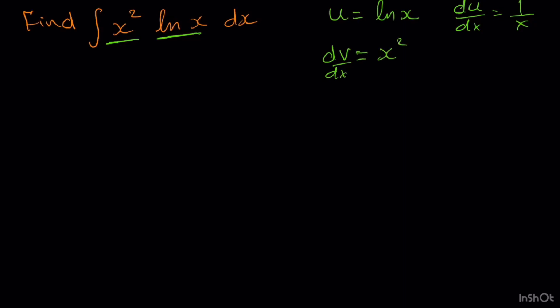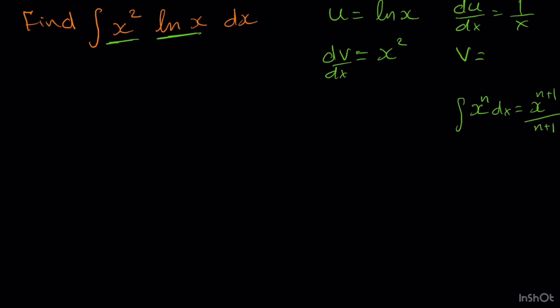Therefore v is the integration of x squared, which is, remember, when we integrate, the general rule is if you are integrating x to the power n dx, it's going to be x to the power n plus 1 divided by the new power, which is n plus 1. Yes?